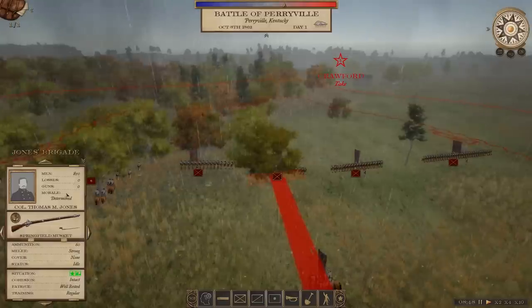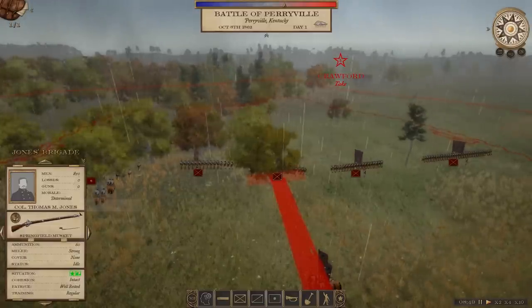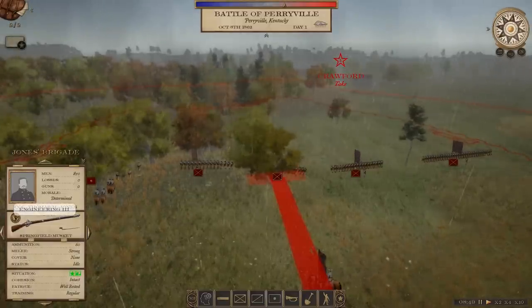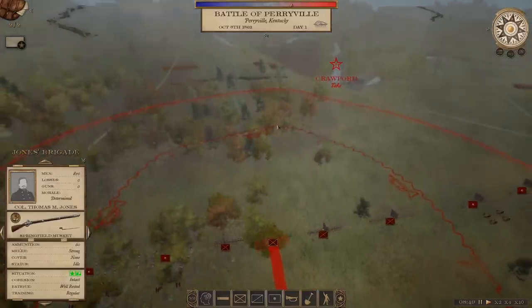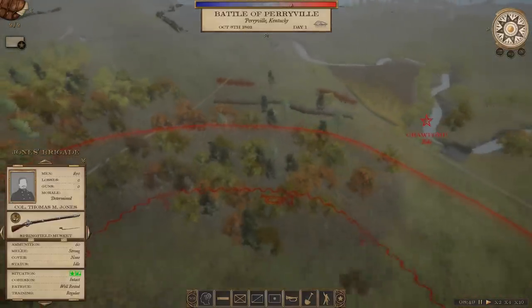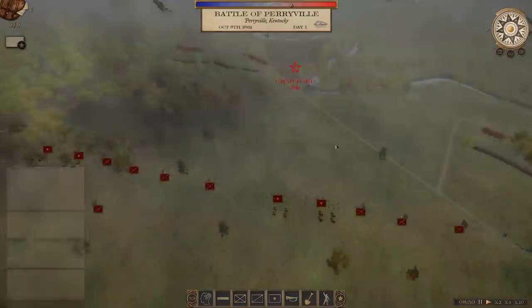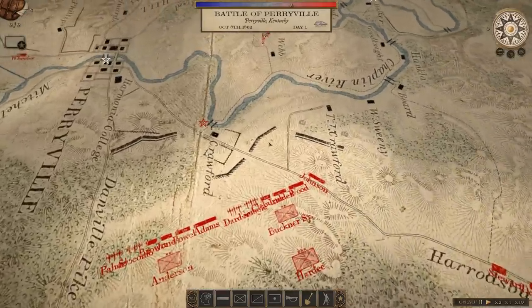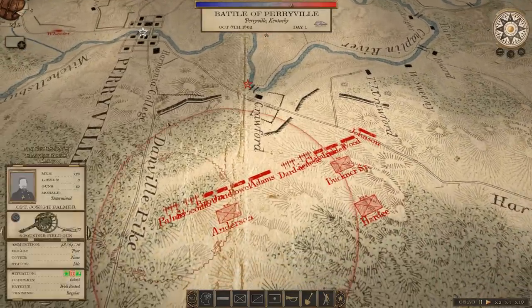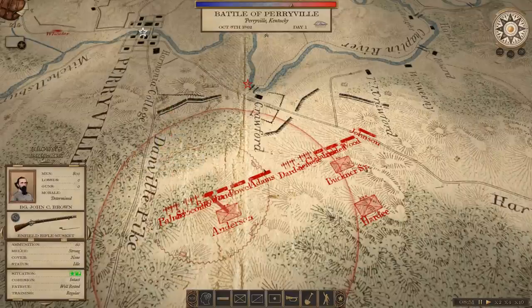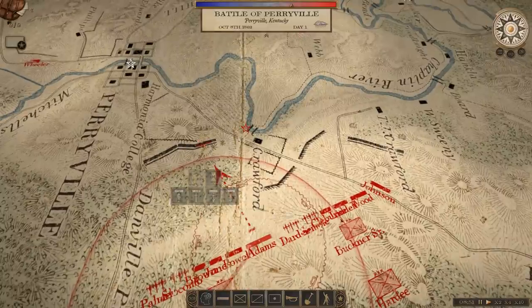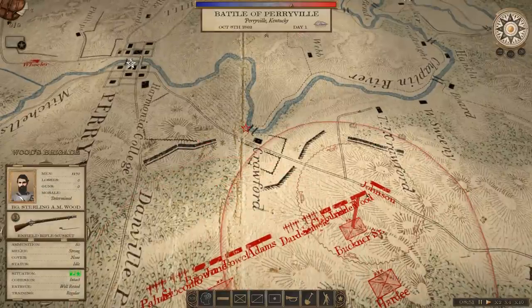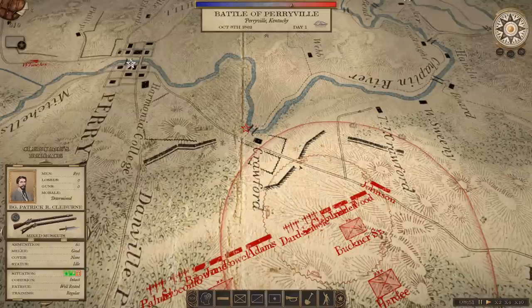For example, for Thomas Jones's brigade I have given engineering training, so that allowed us to build these entrenchments at the start of the battle. And the units should now be detached, so we can deploy them in the entrenchments like that.